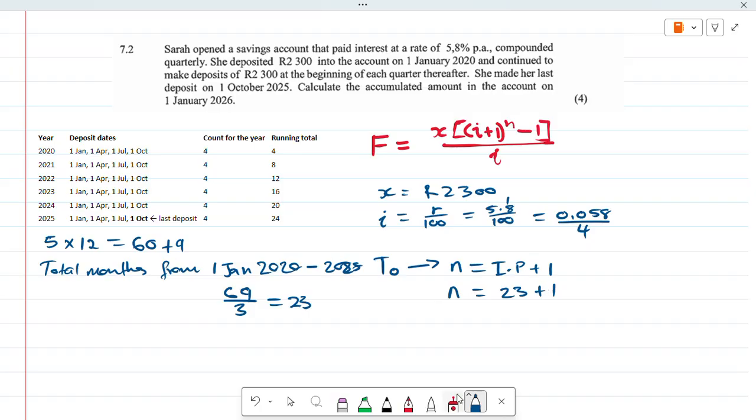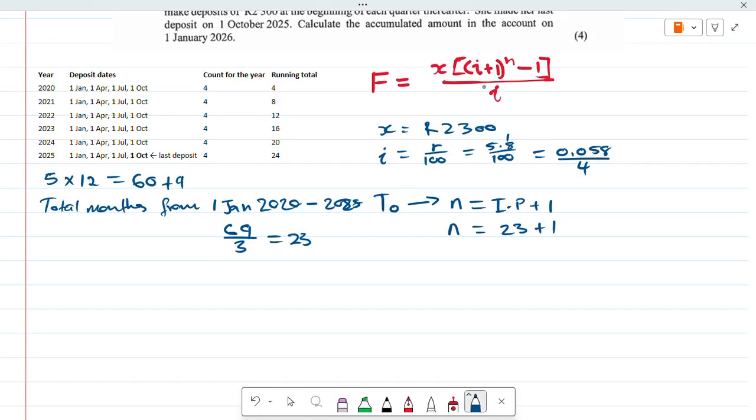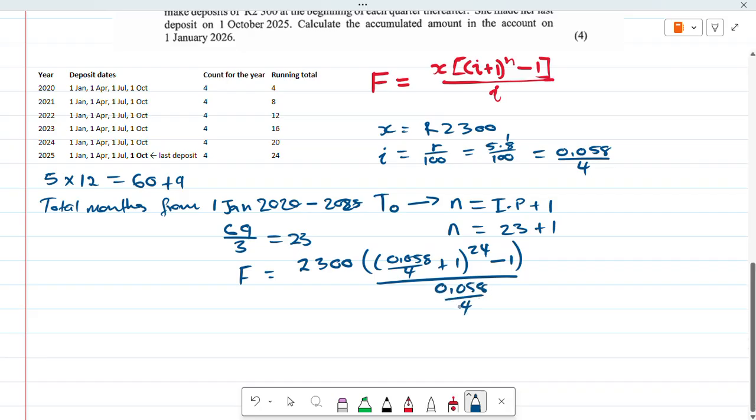Now we have everything we need to plug into our future value formula. So in our future value formula we would have 2300 times, in brackets, (1 plus 0.058 over 4) all to the power 24, minus 1, all that divided by 0.058 over 4.